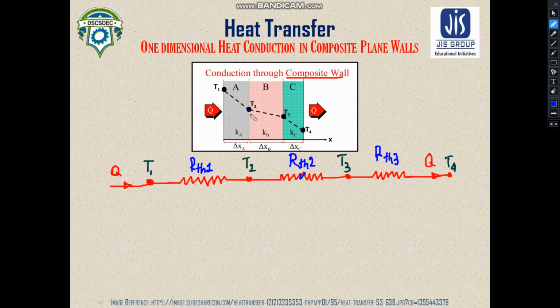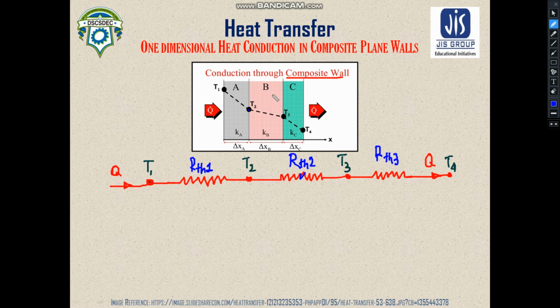Here you can see T2 is the temperature of this interface, T3 is the interface temperature here. Since this wall has its two sides maintained at temperatures T1 and T2, heat will obviously be resisted, and the thermal resistance is given by RTH1.